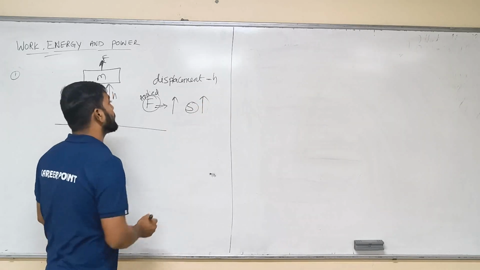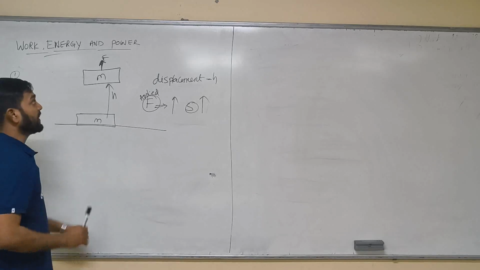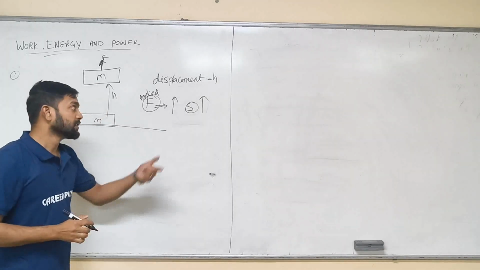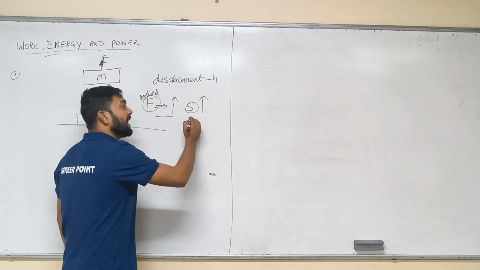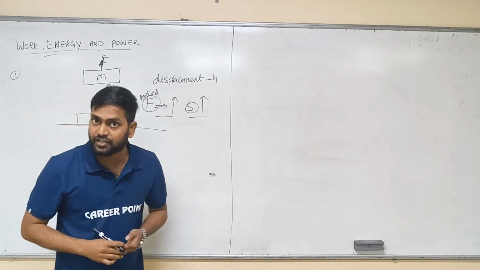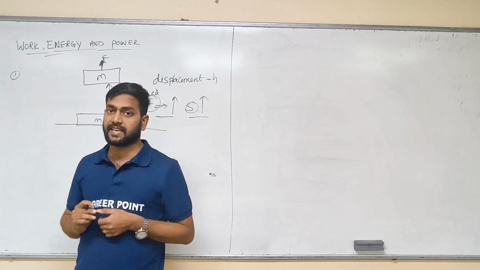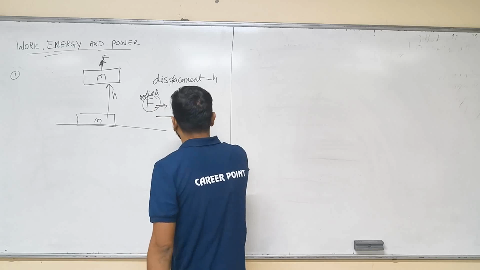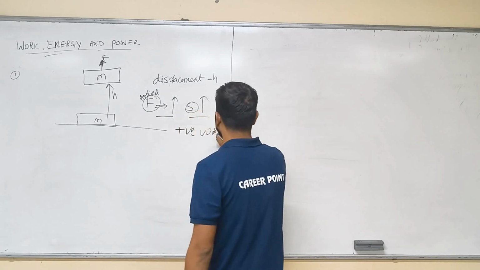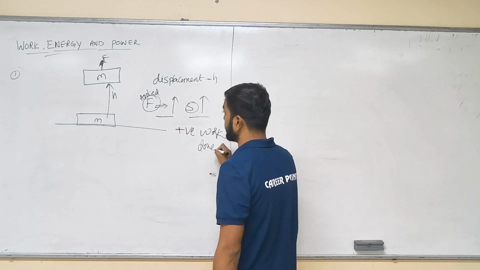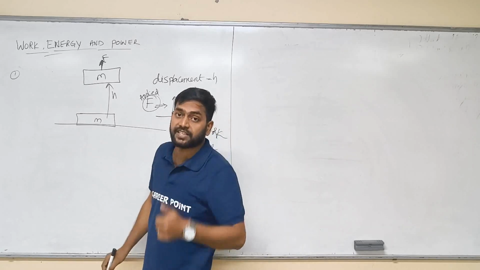So the work done is positive or negative here? The applied force and displacement both are in the same direction. So for that reason, we can say this is positive work done.